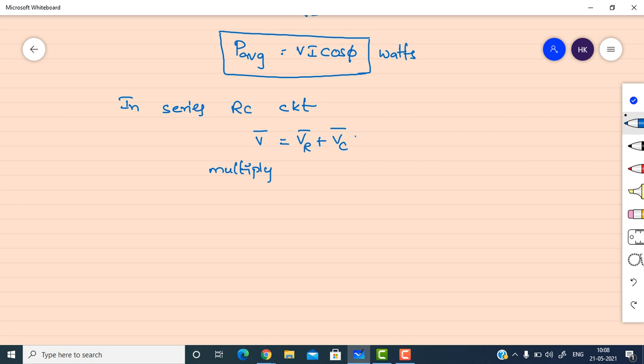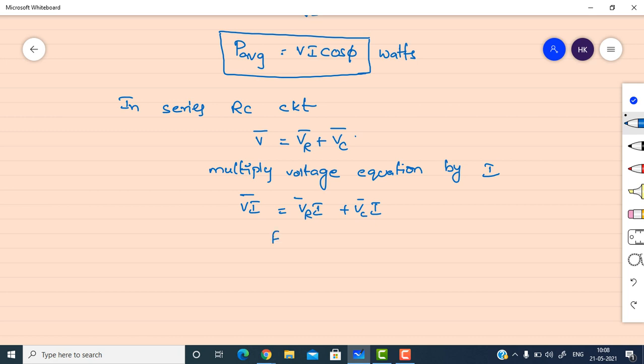Am I fast? Multiply voltage equation by current. VI plus VR into I plus VC into I.